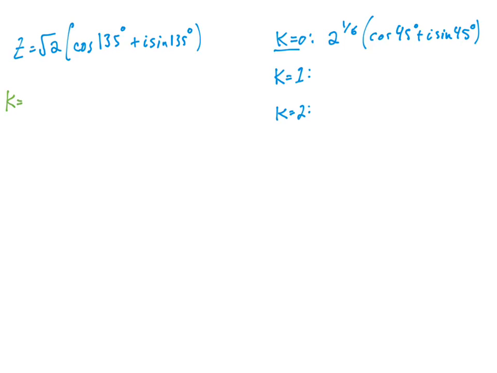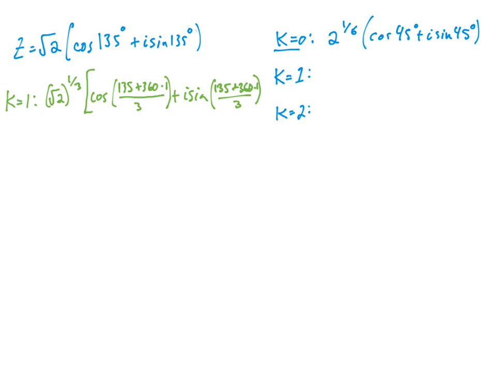So k equal to 1, what we'll say is that square root of 2 raised to the 1/6, rather 1/3, cosine of 135 plus 360 times 1, because k is 1, divided by n, which is 3, plus I sine 135 plus 360 times 1 divided by 3. So this is just, again, an exercise in simplification.